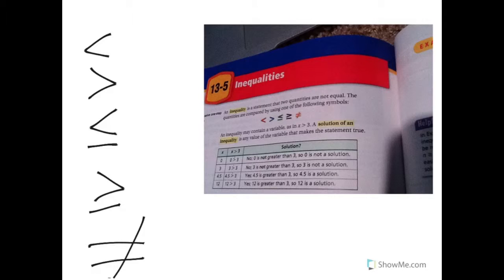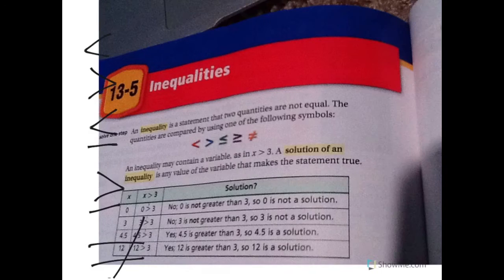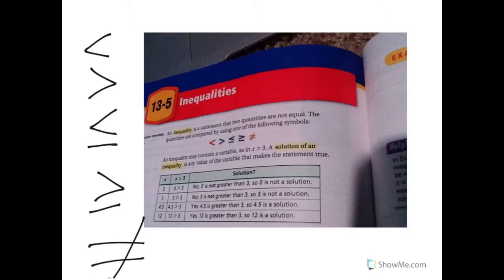So, let's take a look, expand this out a little bit, at what they have. They have x is 0. Is that a solution? No. 0 is not greater than 3, so 0 is not a solution. If x was 3, x is greater than 3.